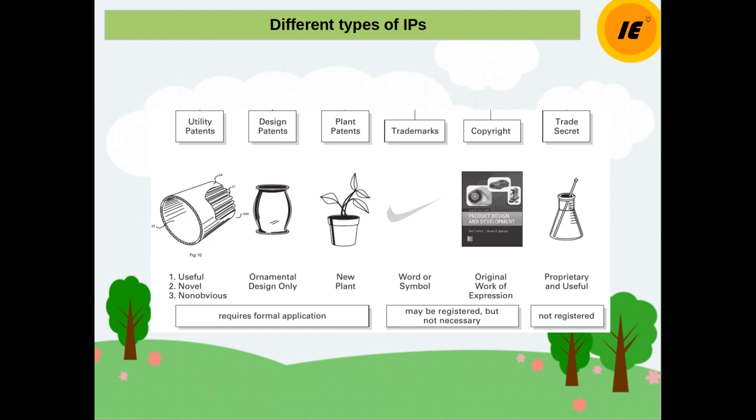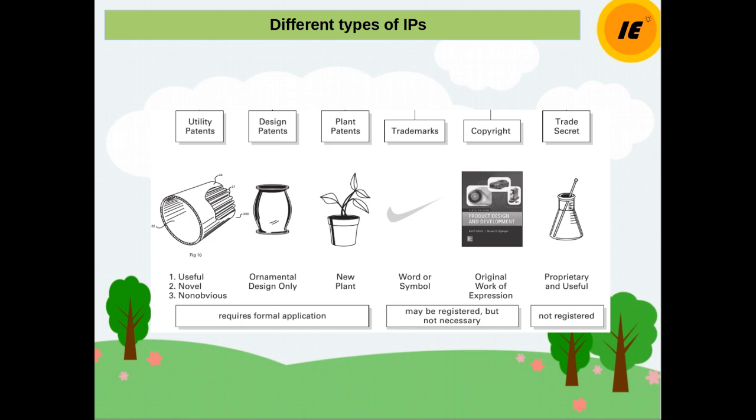Trademark, as I said, this is the Nike symbol, if I'm not mistaken. And the copyright is, for example, this is the book from where I'm making this material, the lectures, and that is the copyright of the author.